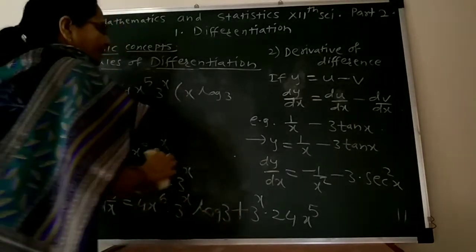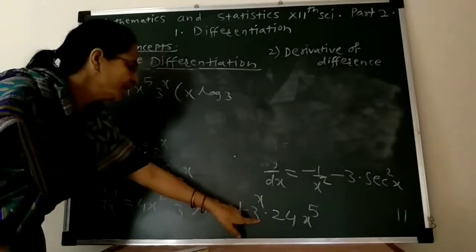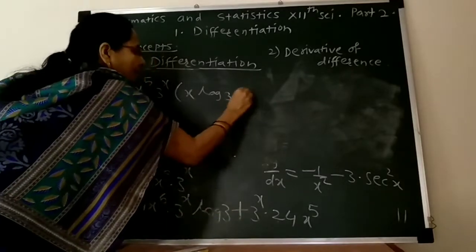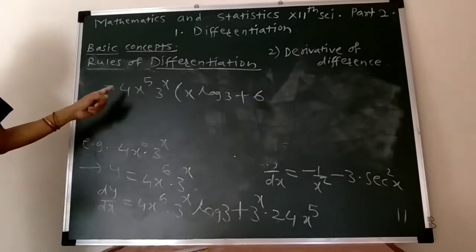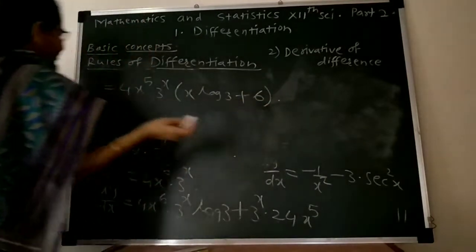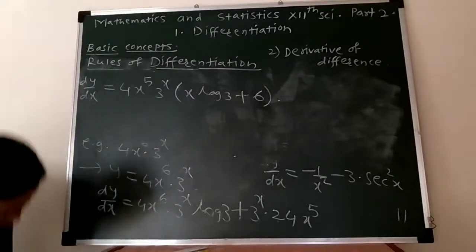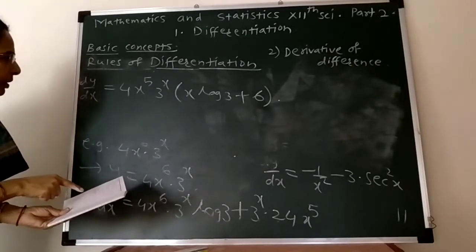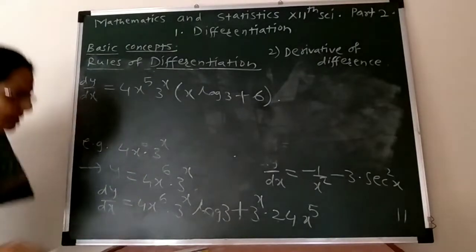And here common this term, here common 4, so 6, and sign is plus. 3 raised to x common, 4 common, so 6, x raised to 5 common, and this is the final answer. dy by dx is equal to, check this one, 4x raised to 5, 3 raised to x in bracket x log 3 plus 6. This is the answer.